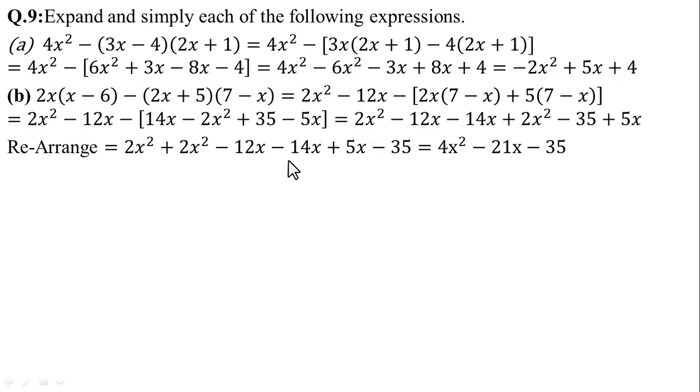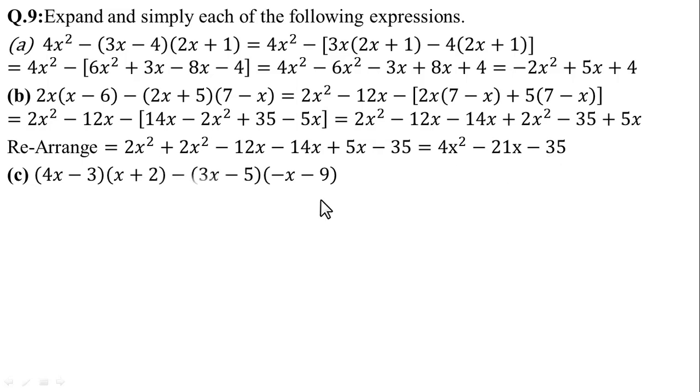Minus 12x and minus 14x is minus 26x, plus 5x, so minus 21x, minus 35. Then the final answer of part B is 4x square minus 21x minus 35.